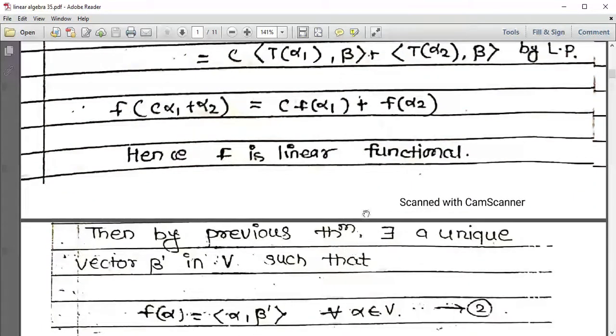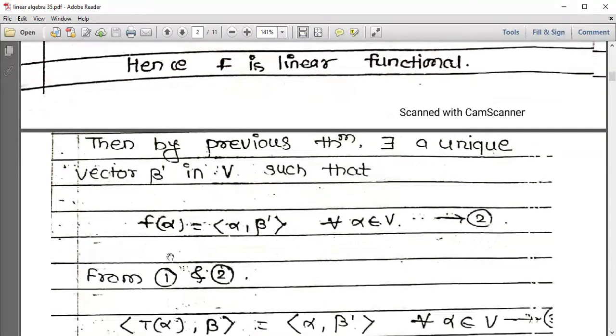Now, by the previous theorem, there exists a unique vector beta dash in V such that f of alpha is equal to the inner product of alpha with beta dash for all alpha belonging to V. Give it as equation number 2.